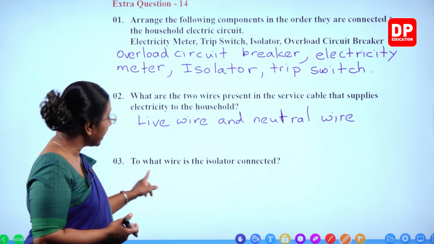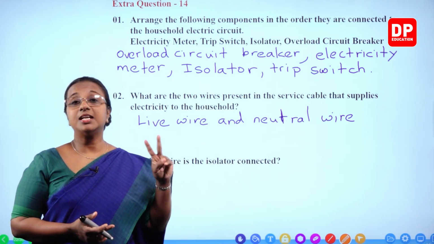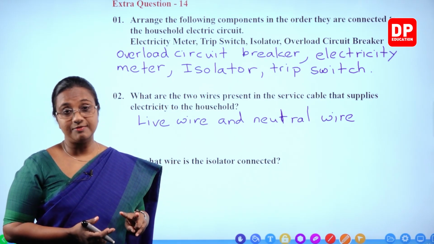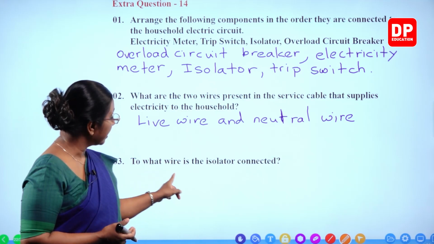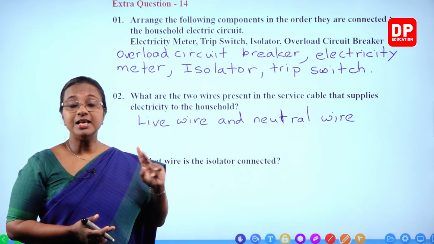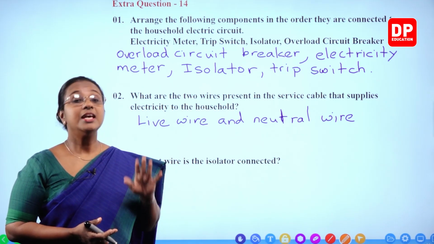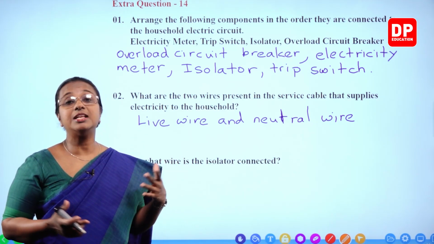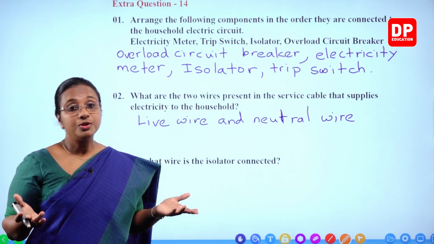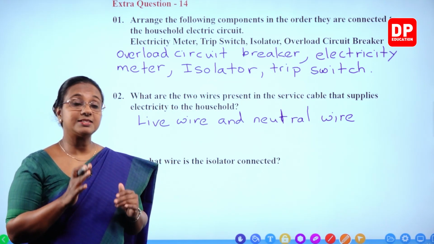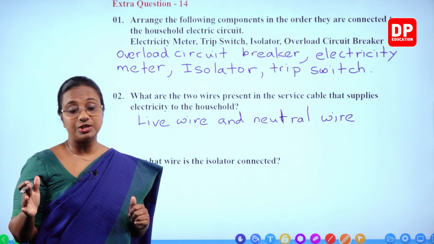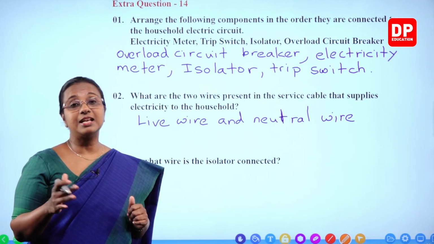But the isolator can disconnect both live and neutral wires. That means to what wire is the isolator connected? It is connected to both live and neutral wires. If it's not connected to both, then it cannot disconnect both. Because the isolator is connected to both live and neutral wires, it can disconnect both.